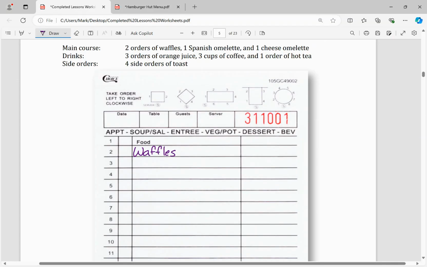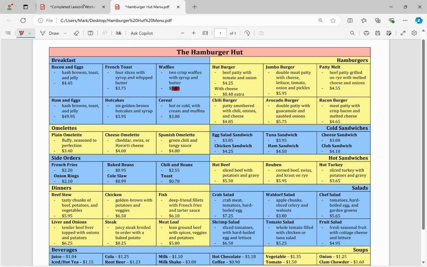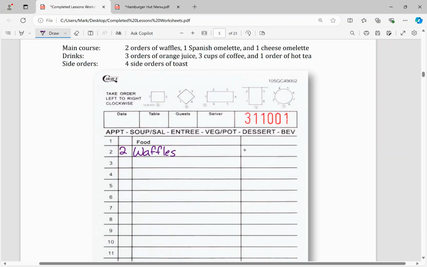In this little box to the left, I'm going to write a 2 to show that we are ordering 2 waffles. And then the price is going to be, what did I say? 3.85. 3.85 times 2, which equals $7.70.